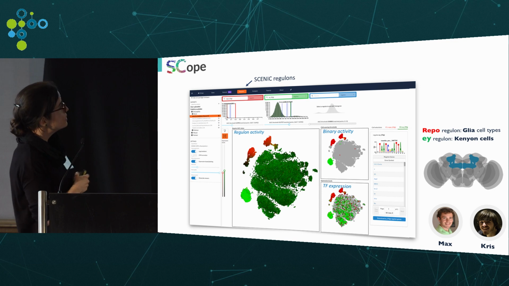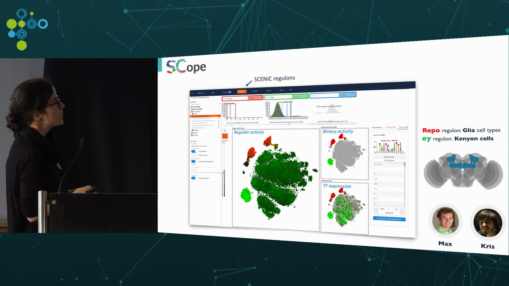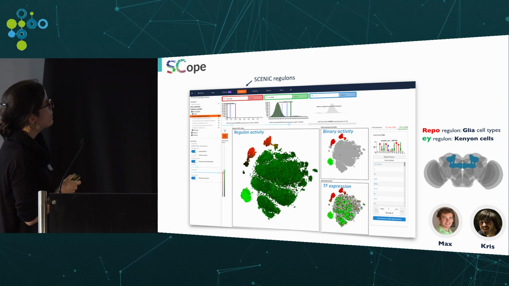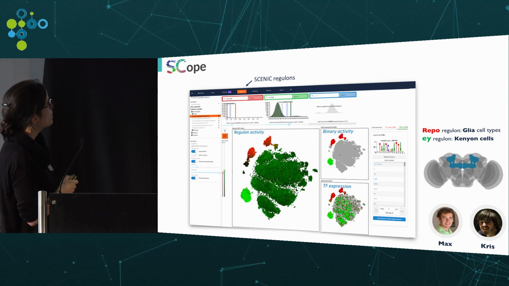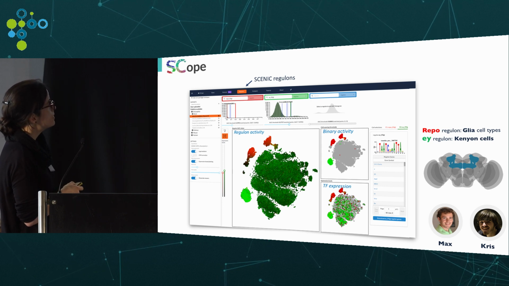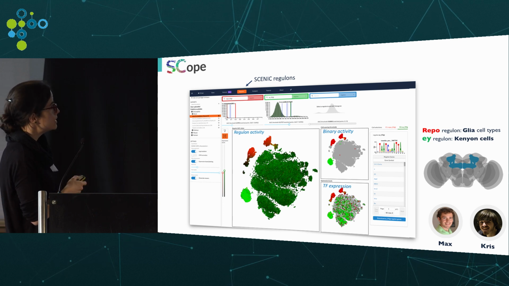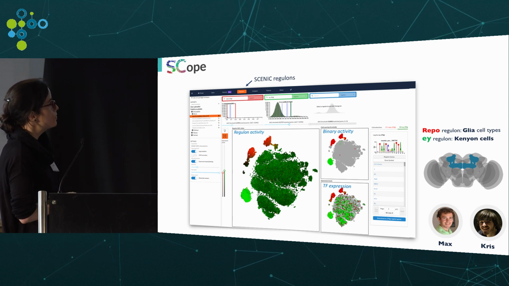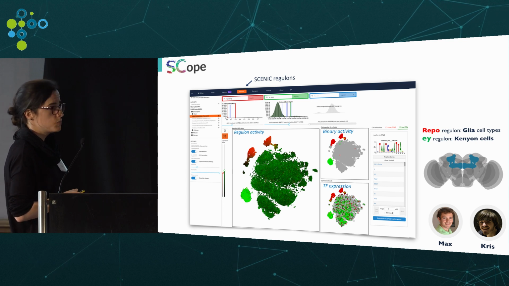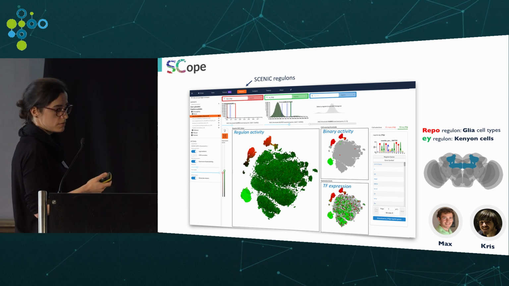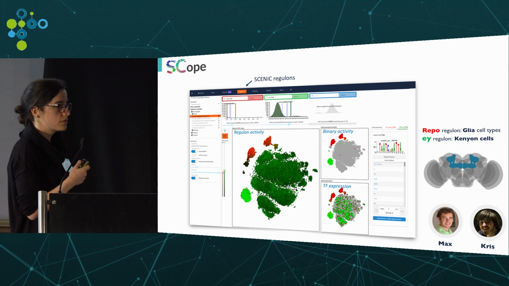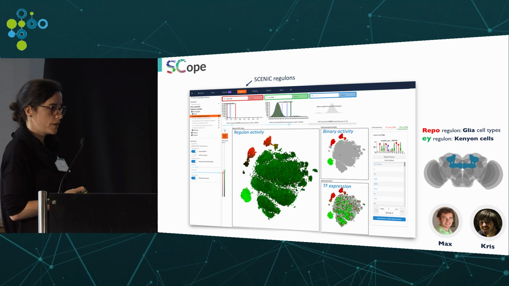But in this other tab, you can explore the results from SCOG. For example, a regulon representing glial cell types and a regulon representing the Kenyon cells. Here we have the regulon activity and the binarized regulon activity, which allows also to compare it directly to the transcription factor expression. This is especially useful because many transcription factors are expressed at low levels, and therefore they are very prone to dropouts.